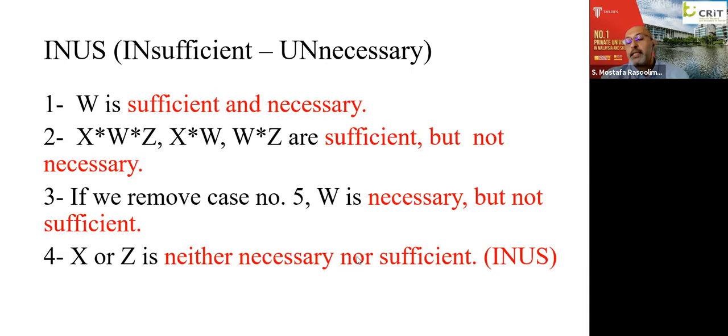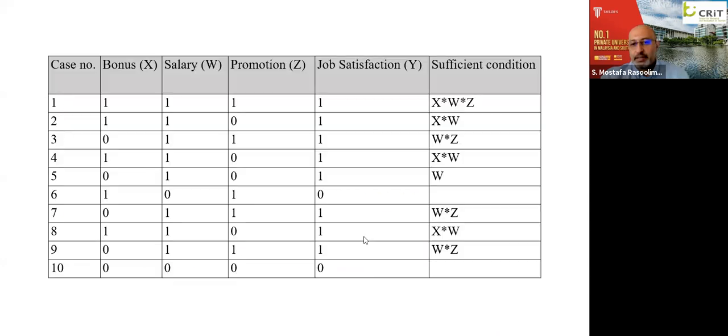Also, we have this situation: insufficient and unnecessary. There are many conditions that are neither necessary nor sufficient. So, for example, this case X and Z, right? X and Z, bonus or salary or promotion, cannot be a necessary condition and also cannot generate a high level of job satisfaction.